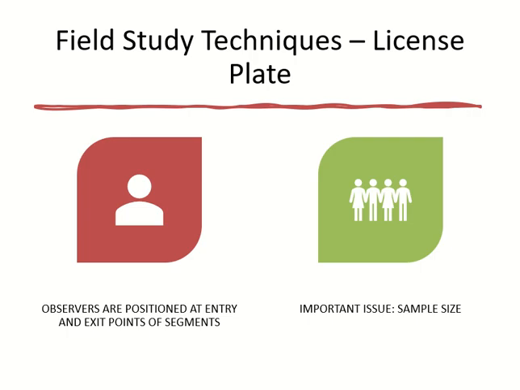Okay, another method of travel time study is the license plate technique. In the license plate technique, you have two observers, one at the start point, one at the end point. They note down the license plate number, or the registration plate number, of the car and the time at which the car has crossed them.